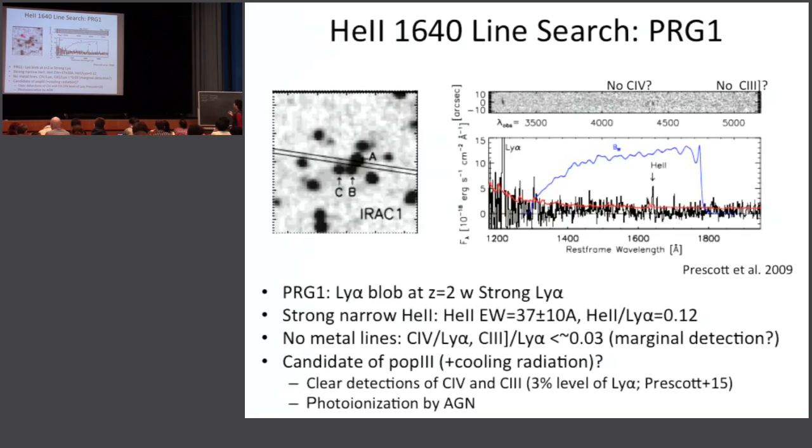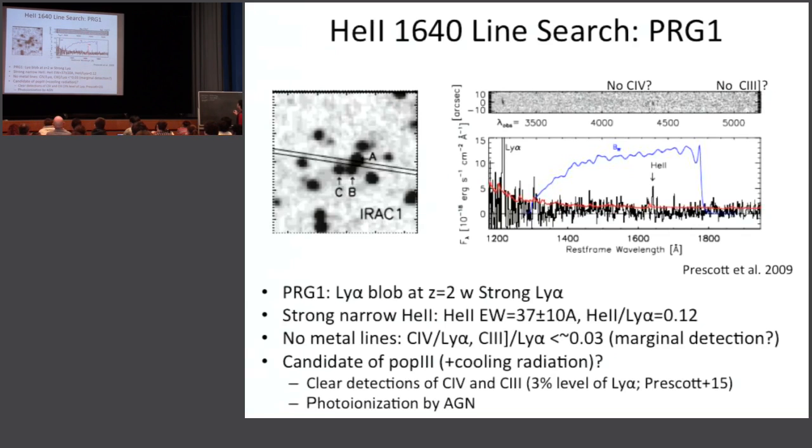This was identified as a Lyman-alpha blob at redshift 2, showing a strong Lyman-alpha emission line, and the subsequent spectroscopy given by Prescott et al. shows the strong helium-2 emission here.